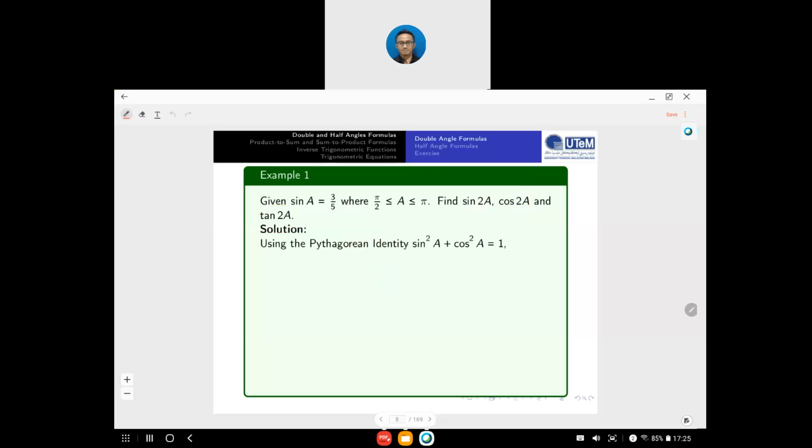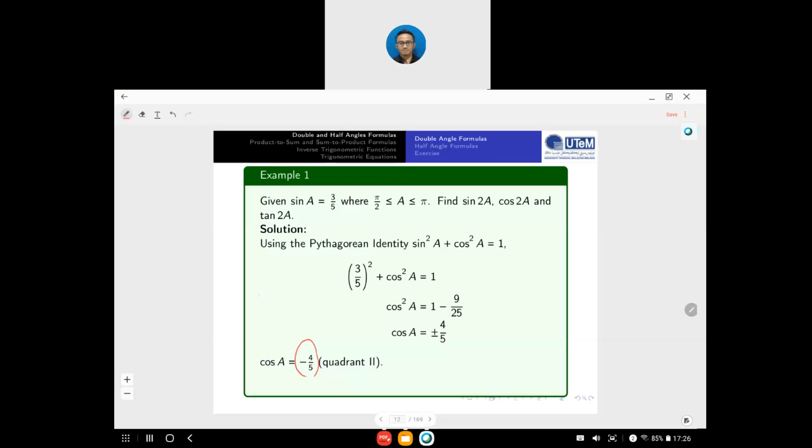We know by using the Pythagorean identity, sine square A plus cos square A equals 1, and sine A equals 3 over 5. So you substitute here, and we can get cos square A equals 1 minus 9 over 25. So you get cos A equals plus or minus 4 over 5. Here we choose cos A equals negative 4 over 5.